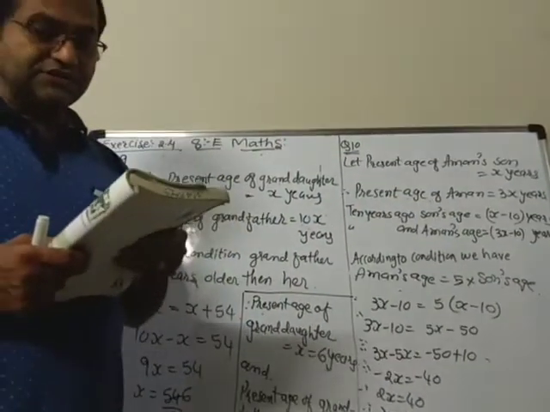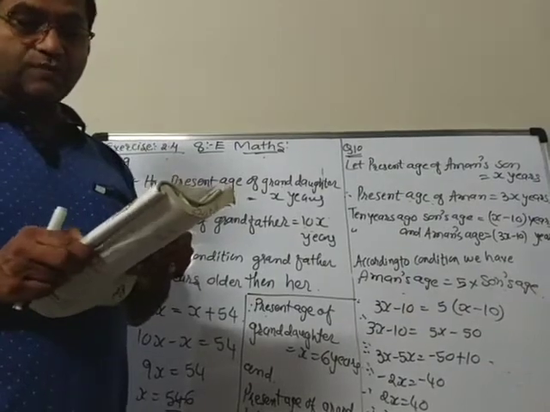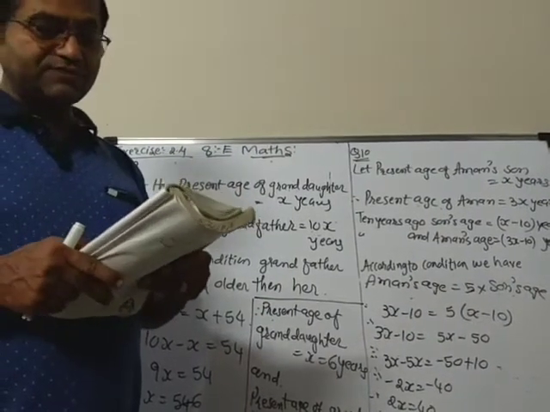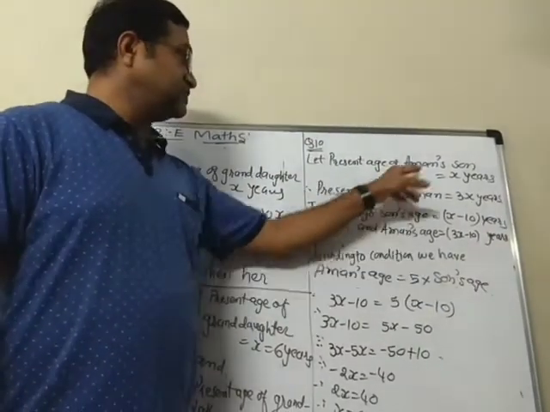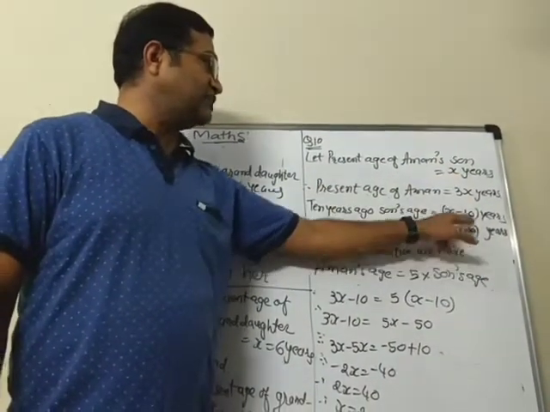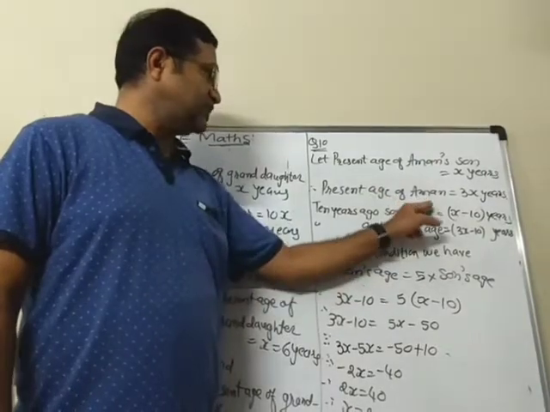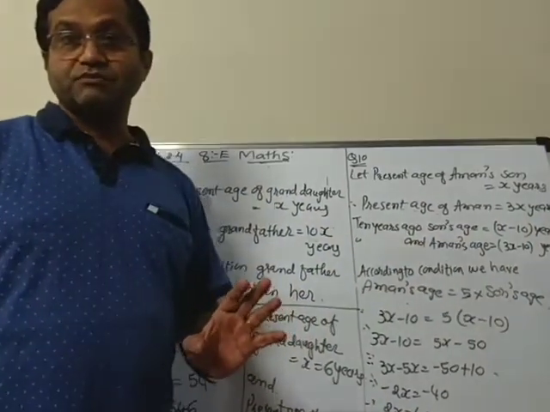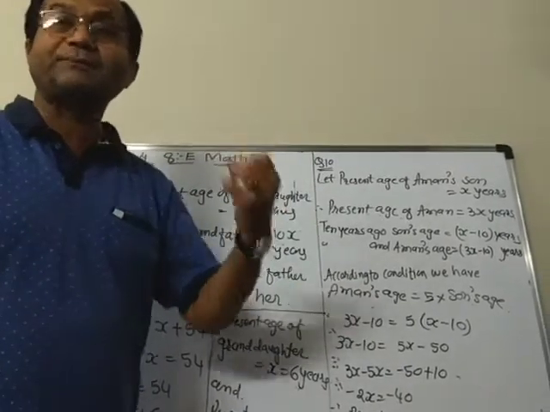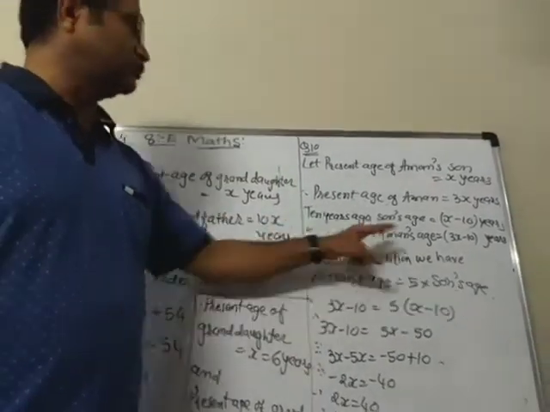Now the other condition given is that 10 years ago he was 5 times his son's age. So 10 years ago the son's age will be X minus 10 and Aman's age was 3X minus 10 years. Because ago means we have to subtract that 10 years from both of them.